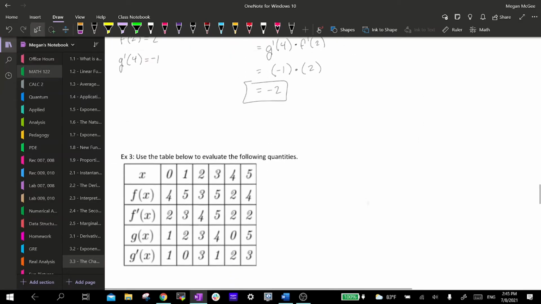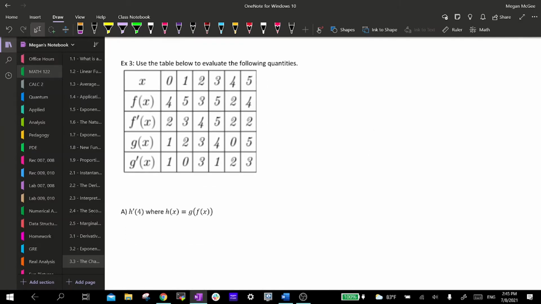Now we're going to look at calculating our derivatives using a table. Okay, so we're to use this table below to evaluate the following quantities. So we need h prime of 4, where h is the composition g of f.